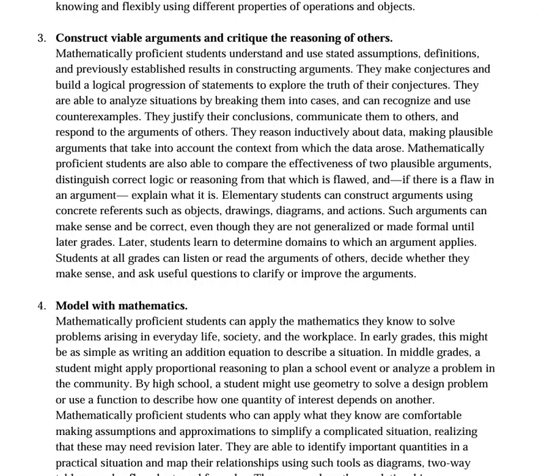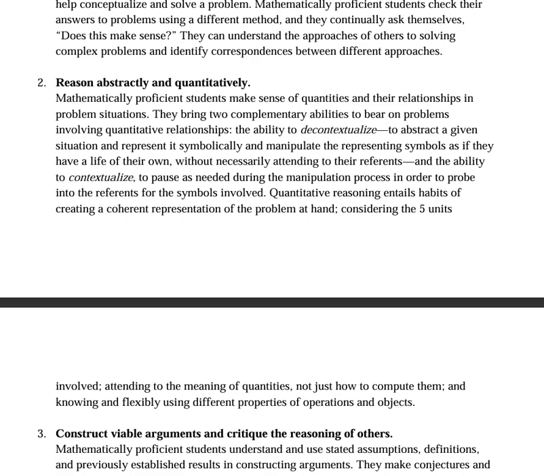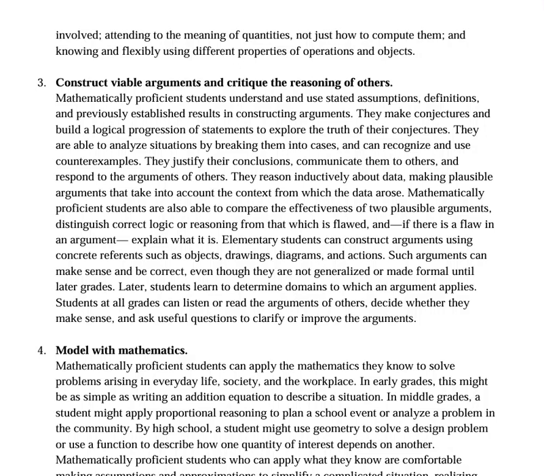Oh, at the end, that was the end of reason abstractly and quantitatively. We're moving on to the third standard of mathematical practice: construct viable arguments and critique the reasoning of others. Mathematically proficient students understand and use stated assumptions, definitions, and previously established results in constructing arguments.